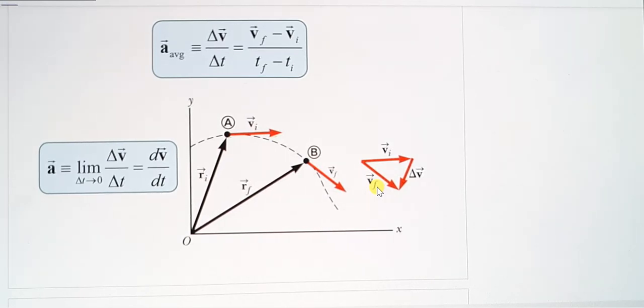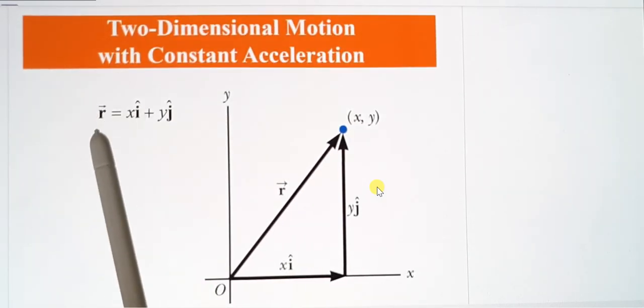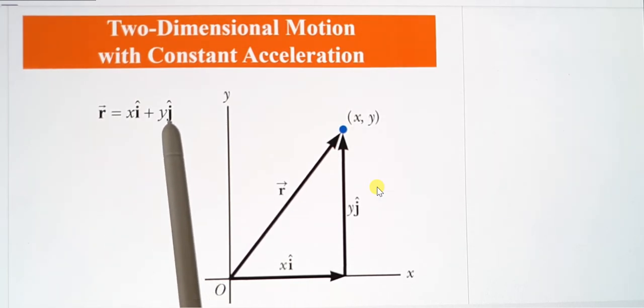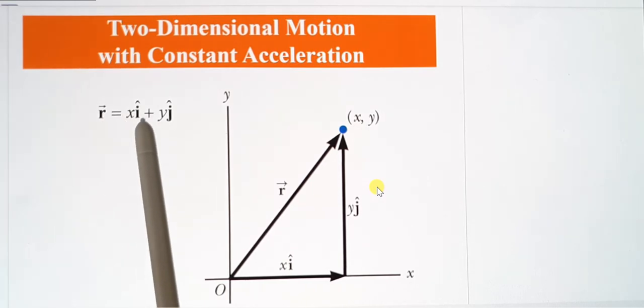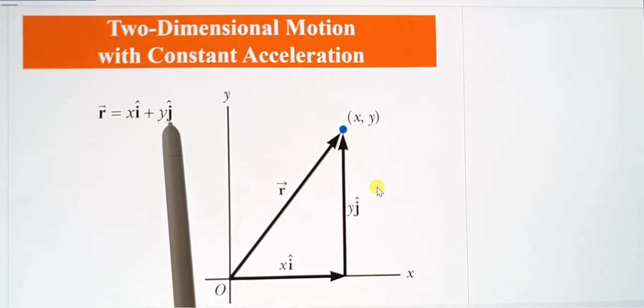Of course, R is the displacement, and V is the derivative of R when it is instantaneous; when it is average, it's delta R over delta T. Now we come back and explain what is R. R has an X component and a Y component: X component in the X-axis direction, Y component in the Y-axis direction.